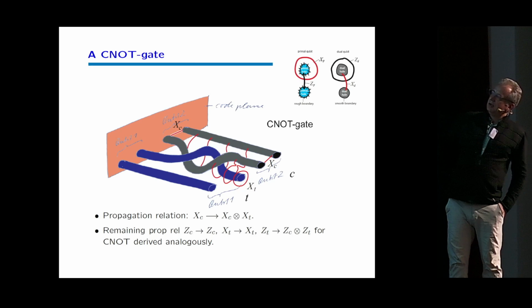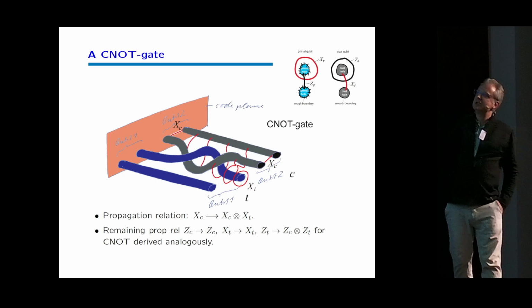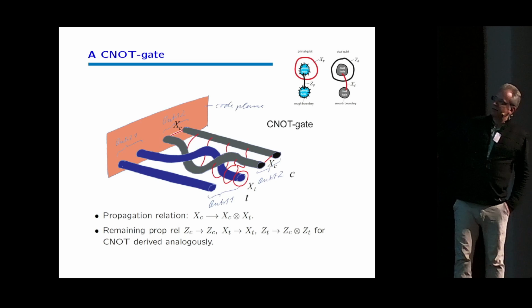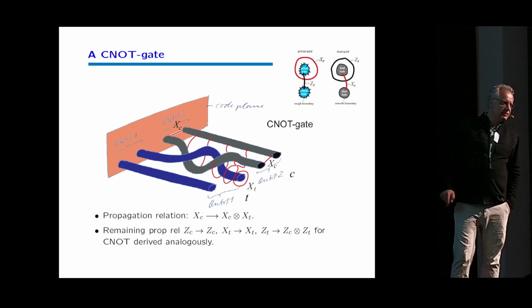You pull a string which represents an encoded Pauli operator, you propagate it along, and it needs to remain attached to these defects, and you see the other defect gets in the way. So it can't stay what it was, and it changes and changes, and it changes into a correlated operator of X and X, which is one of the propagation relations for the CNOT. Too much information in too little time, but I think you get the idea.